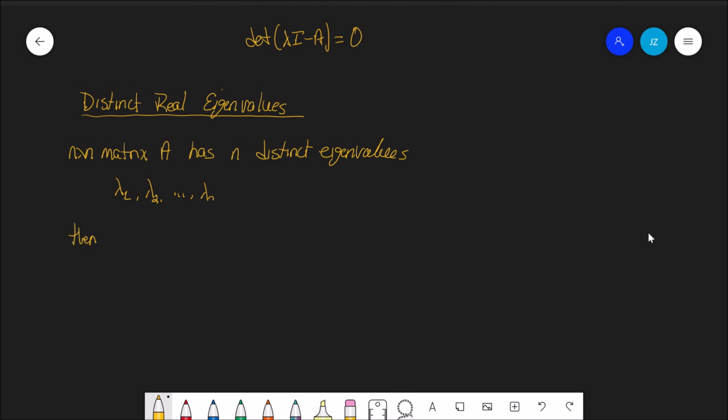Then we can find a set of n linearly independent eigenvectors, capital lambda 1, capital lambda 2, up through capital lambda n, each eigenvector corresponding to an eigenvalue. So this eigenvector corresponds to this eigenvalue, and so on and so forth.